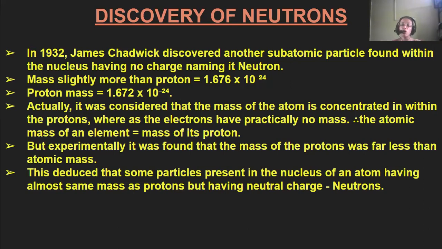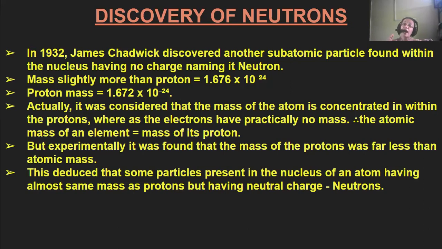If any subatomic particle had a positive or negative charge, it would not make the atom electrically neutral. But as the atom is electrically neutral, the subatomic particle deduced by James Chadwick, the neutron, will not have any charge.